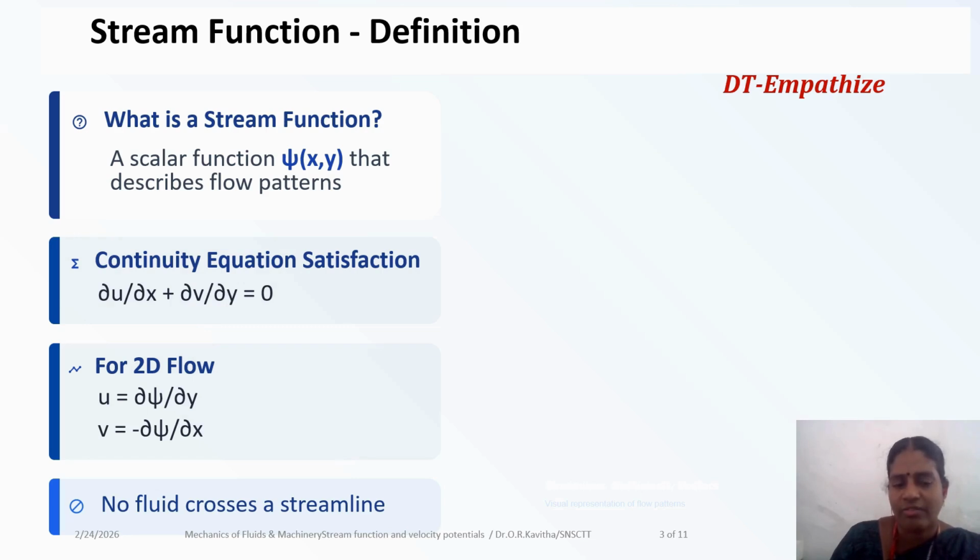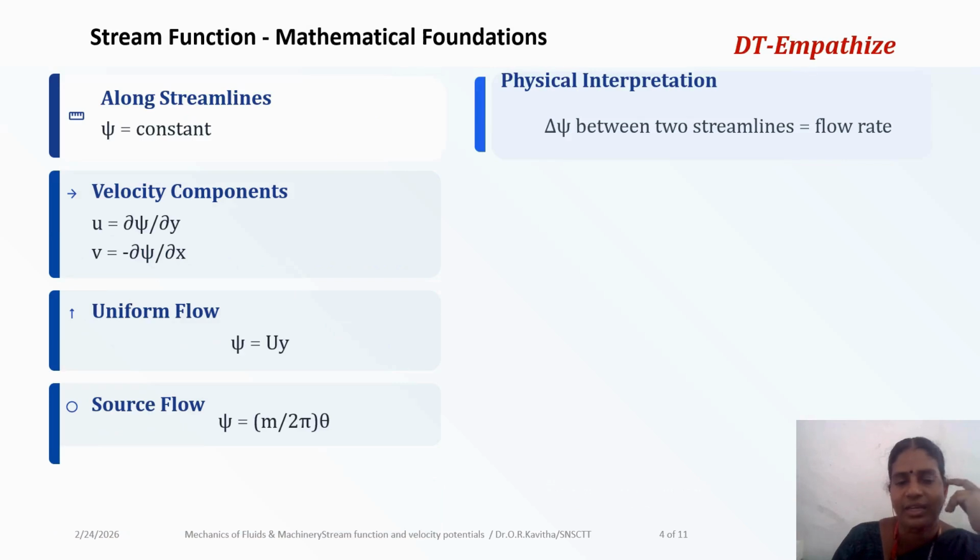Also, for a 2D flow, the velocity u is nothing but ∂ψ/∂y, and the velocity in the y direction I am taking as the negative derivative of ψ, that is, v equals minus ∂ψ/∂x. Next, the mathematical foundations.